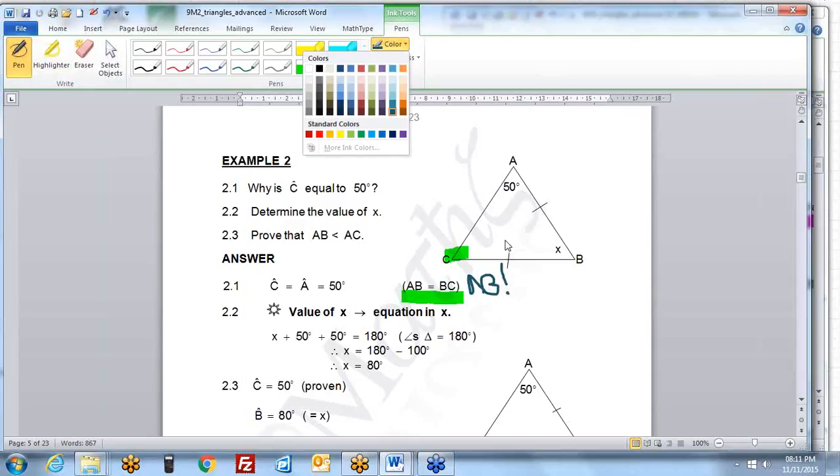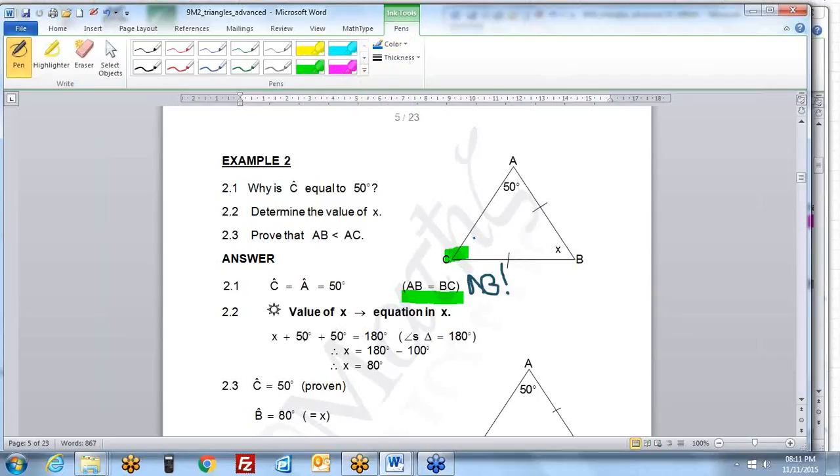2.2, determine the value of x. So now you're going to say x plus 50 plus this 50. And as you get to your various answers, always remember to add them to the sketch provided. So 50 degrees plus 50 degrees plus x equals 180, and your reason: angles of a triangle equal 180 degrees.